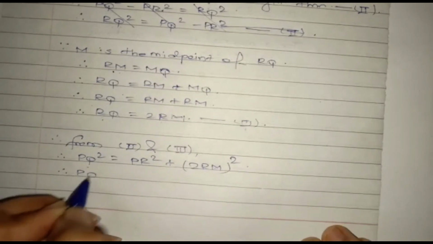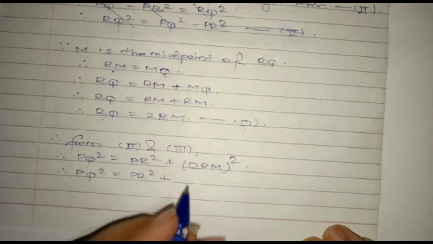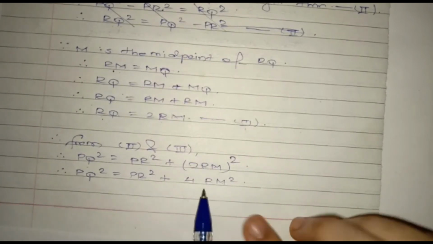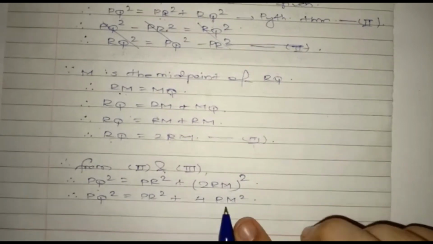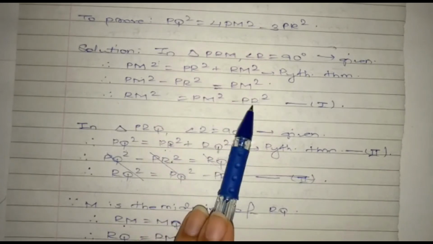Therefore PQ square is equal to PR square plus 2 square, which is 4, RM square. Now from the first equation we can substitute RM square as PM square minus PR square.